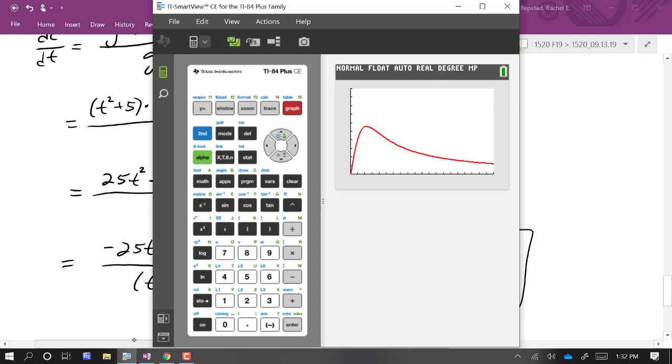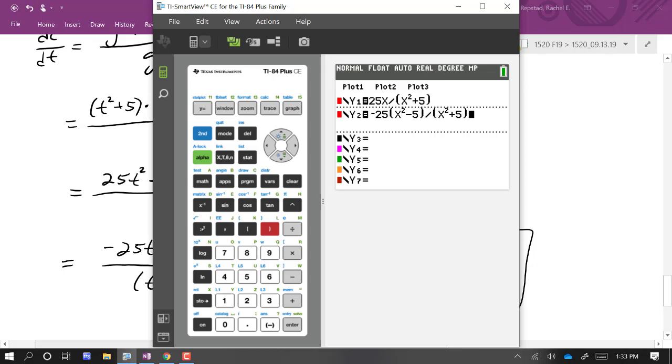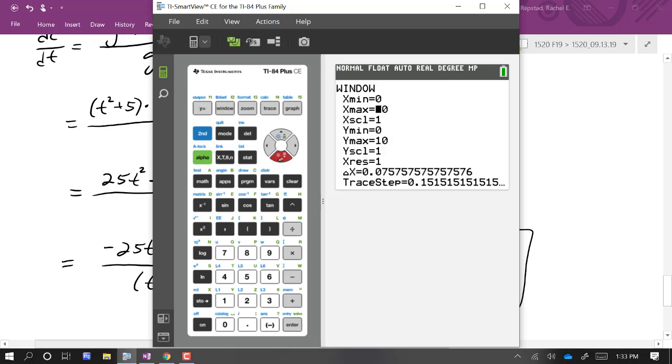I'm going to go ahead and put in that function, and I'll have to adjust the window to allow for negative y values. So maybe I'll go down to negative 10.